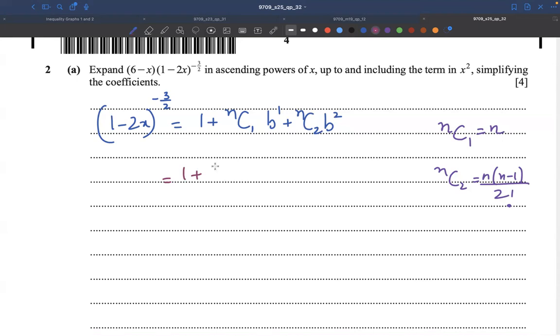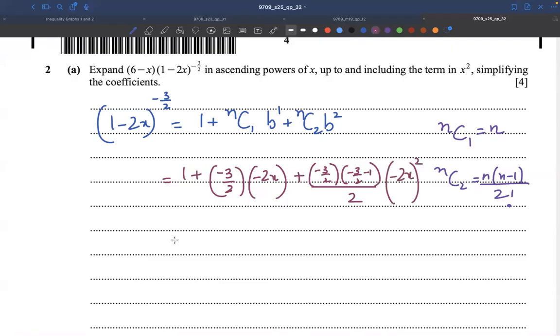So writing 1 + nC1, and n is -3/2, nC1 is n, so we'll get -3/2 times b. So b is -2x, plus nC2. So that will be (-3/2)(-3/2 - 1)/2 times (-2x) whole squared. So this will become 1, and minus minus will be plus, so plus 2 and 2 cancel.